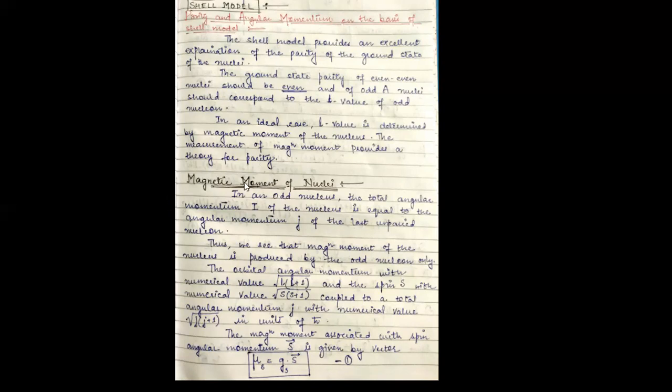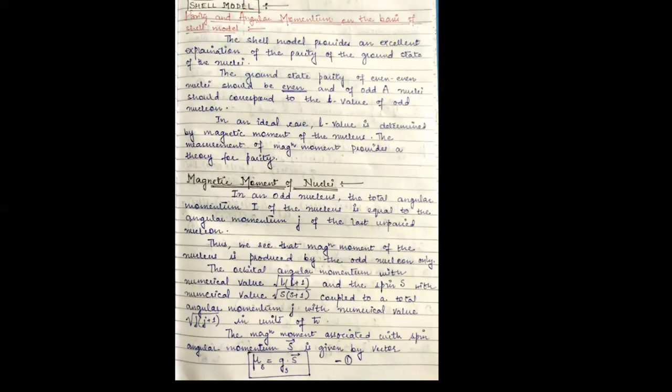Now here we'll be calculating the magnetic moment of the nuclei. In an odd nucleus, the total angular momentum I of the nucleus is equal to the angular momentum J of the last unpaired nucleon.